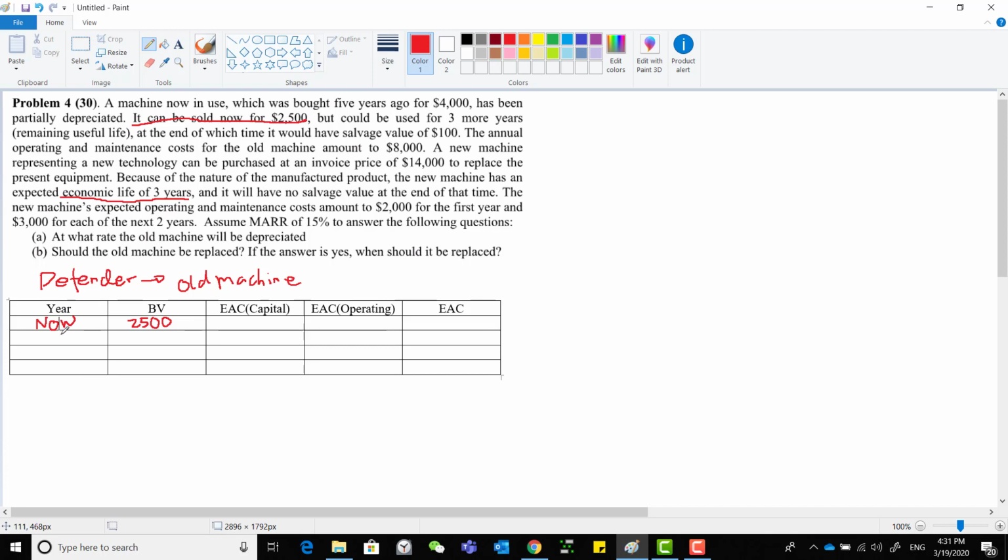If we decide to keep the defender for 3 more years, what is the EAC per year? The question also gives that each year the annual operating and maintenance cost for the old machine is $8,000.